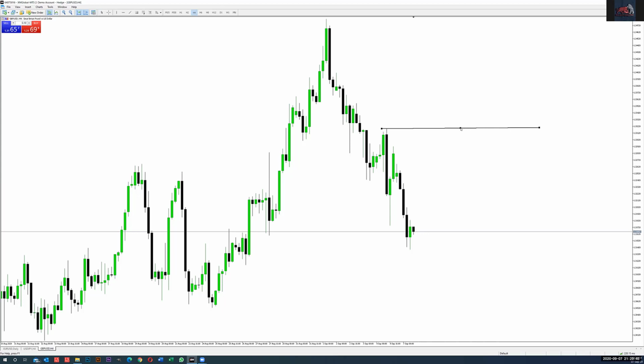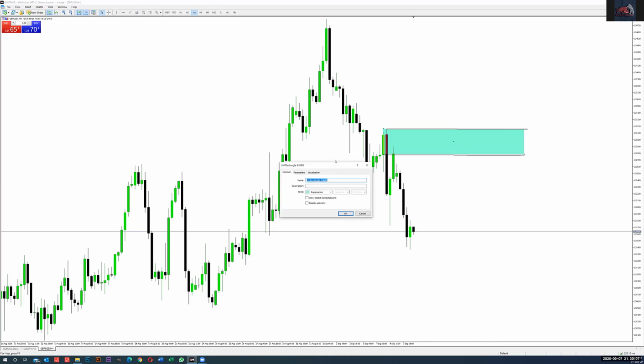So this is the highest point there. Let me just make this line properly straight. And then the opening price of the last up candle. And you can see already it offered a chance to take the market to the downside.